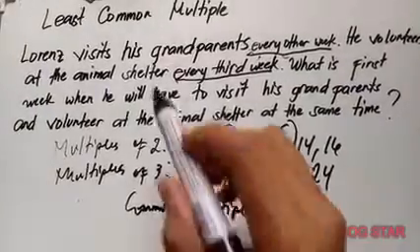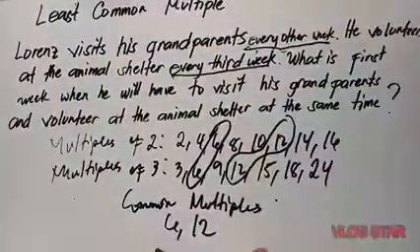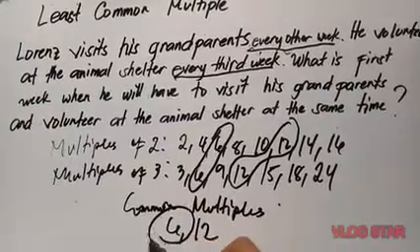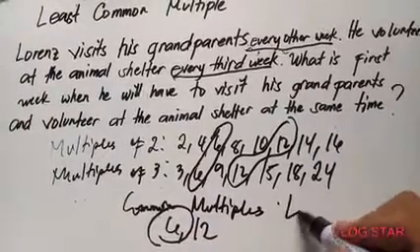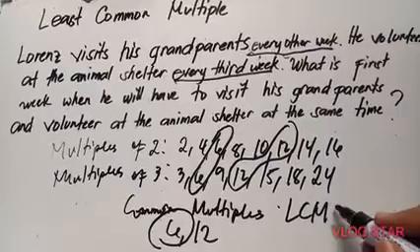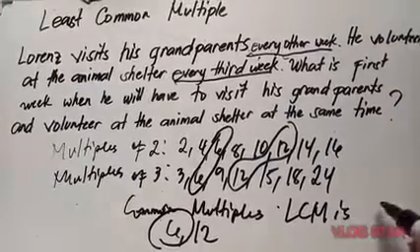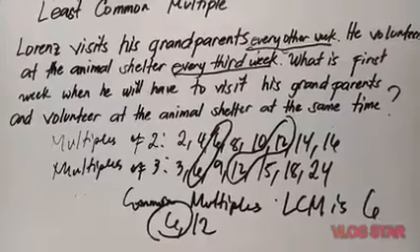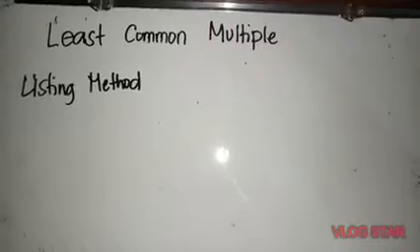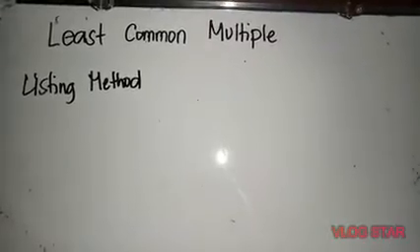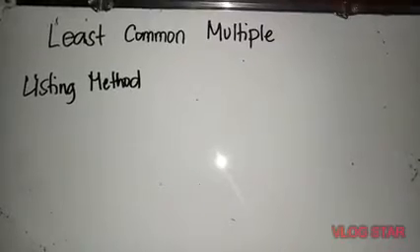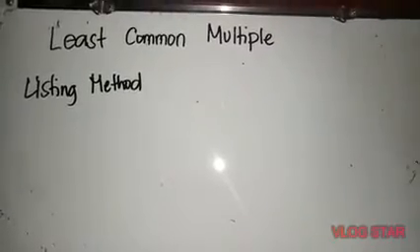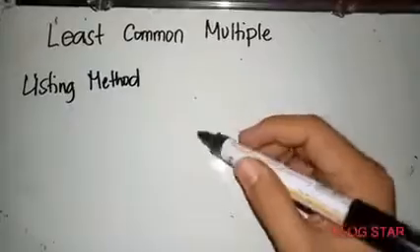Since we're talking about the least common multiple, the smallest common multiple is 6, meaning to say the LCM is 6. And it means that one way of getting the least common multiple of two or more numbers is using the listing method.